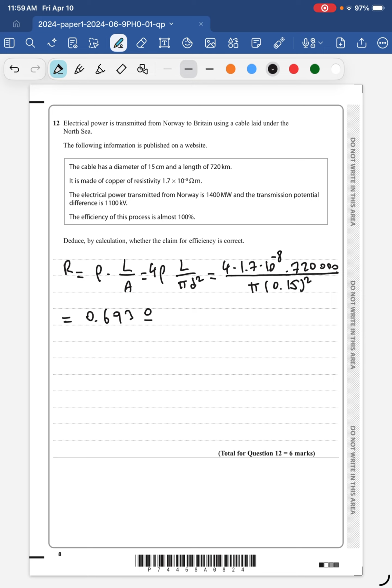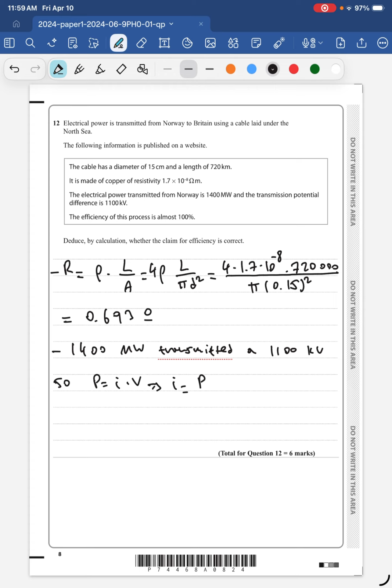Okay, so now the second piece of information is that we have 1400 megawatts transmitted at 1100 kilovolt potential. So the power is I times V. So we can calculate the current that flows through this cable.